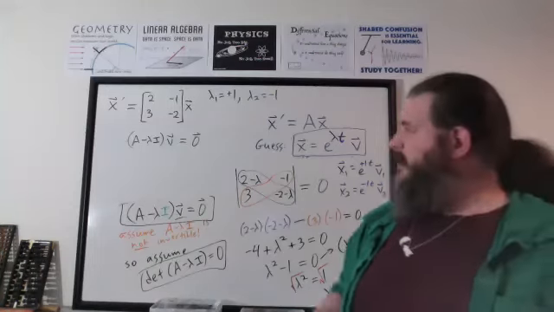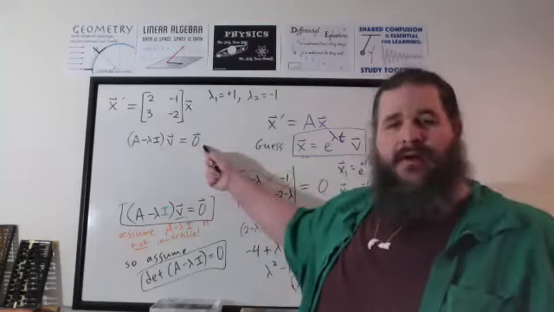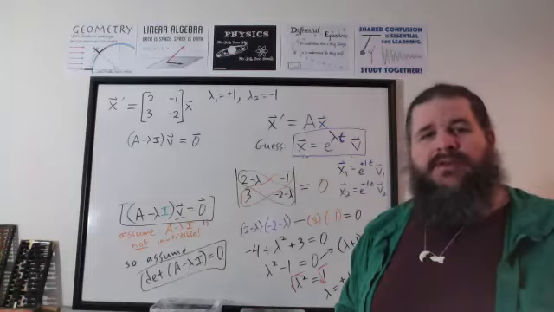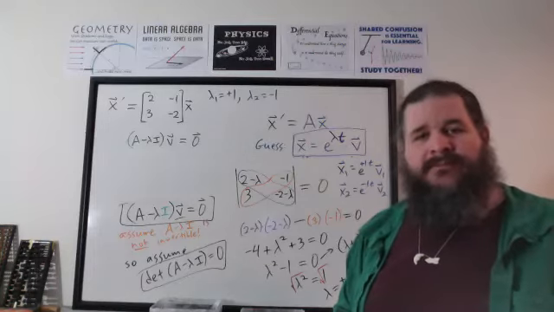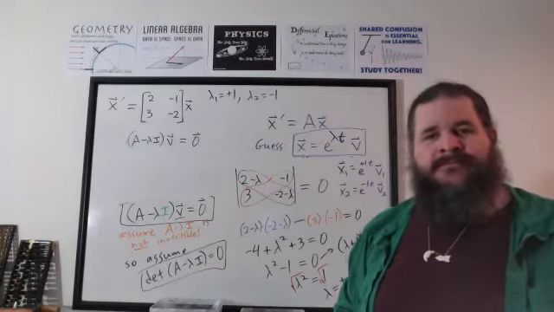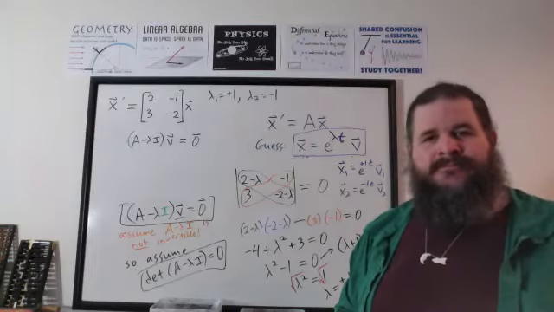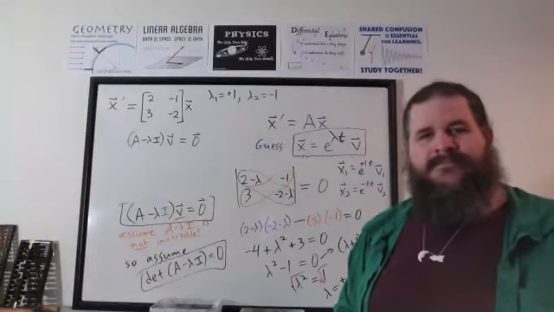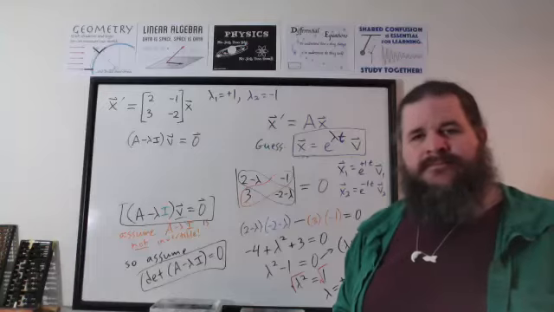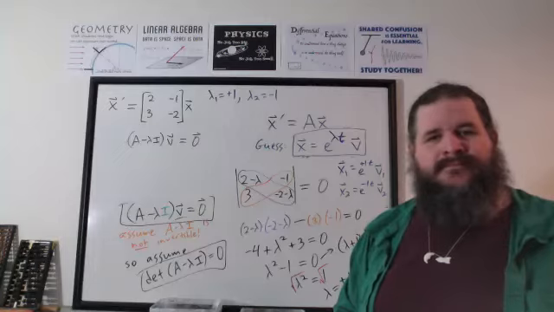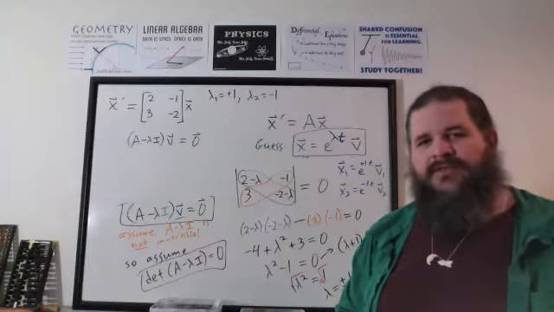If you're in linear algebra and you have a matrix times a vector equals 0, and you want to solve for that vector, but you know the matrix is non-invertible, what other approach could you use to solve that system? Do you remember the idea of an augmented matrix in row reduction?